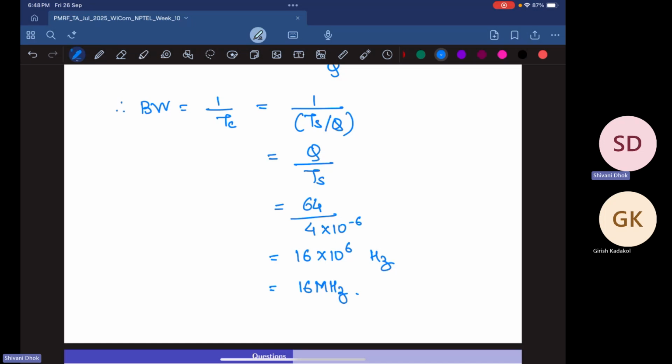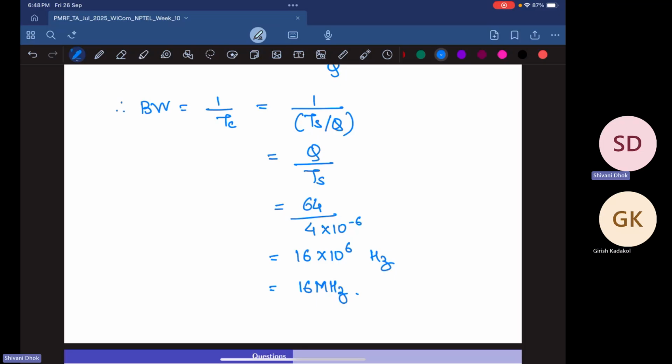So this is the bandwidth of our DS-SS system. Is it clear? Yes, ma'am.